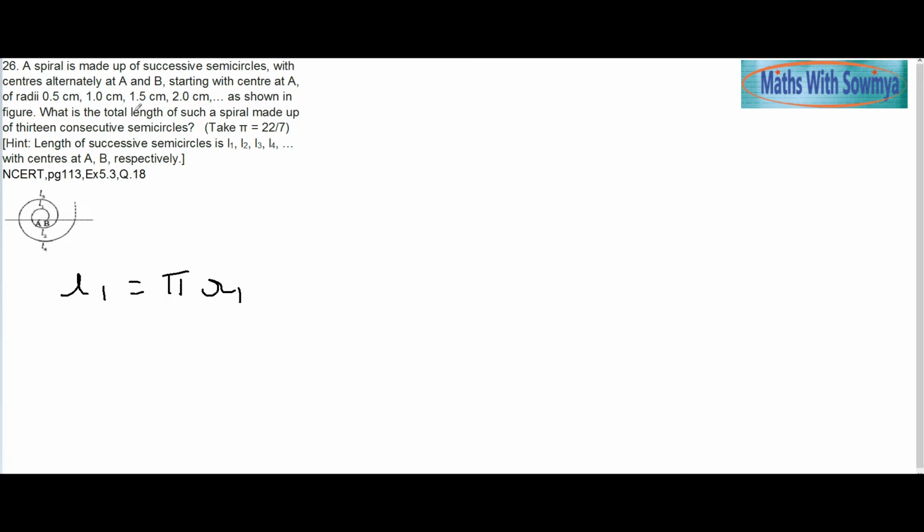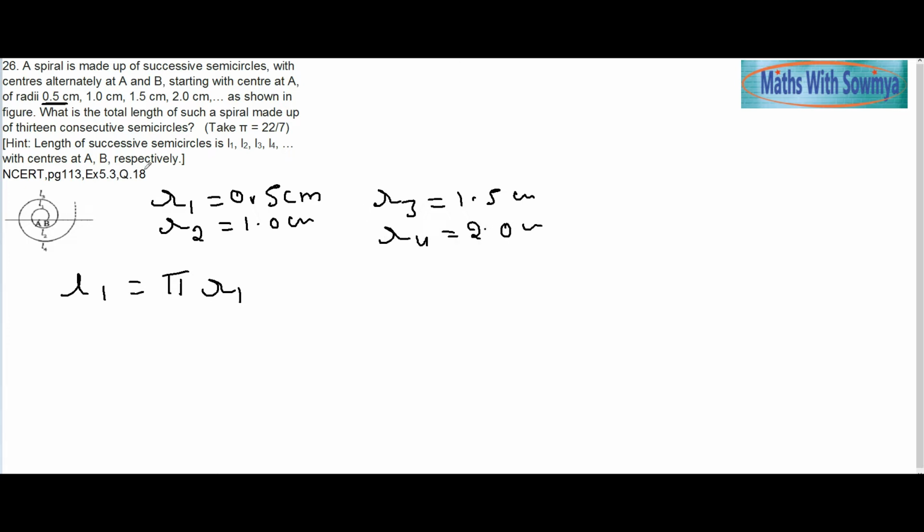We have been given the radius of the first one. R1 is given as 0.5 centimeter, R2 is 1.0 centimeter, R3 is 1.5, R4 is 2.0 centimeter. Like this we have 13 consecutive semicircles.